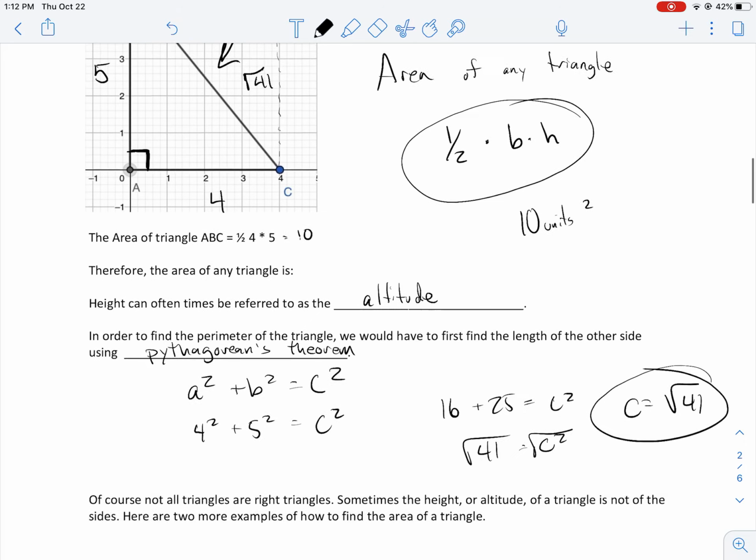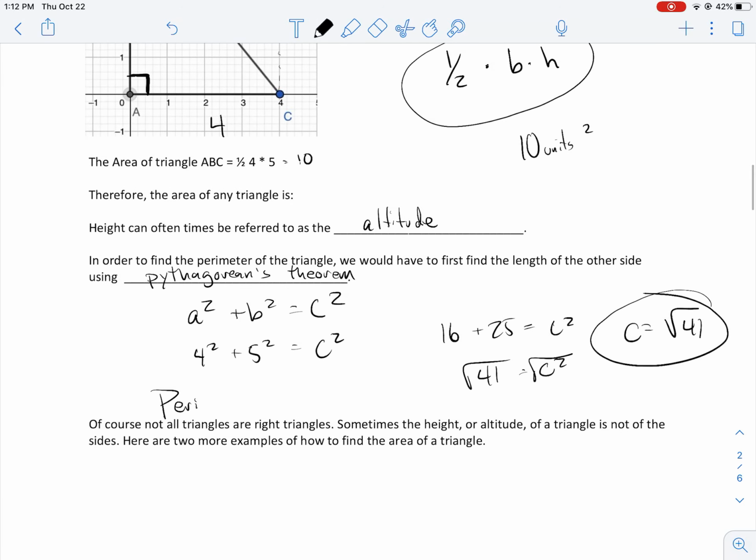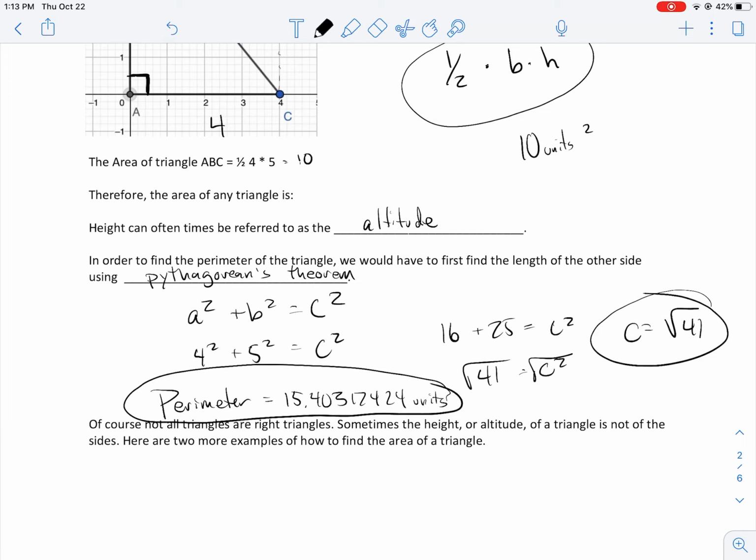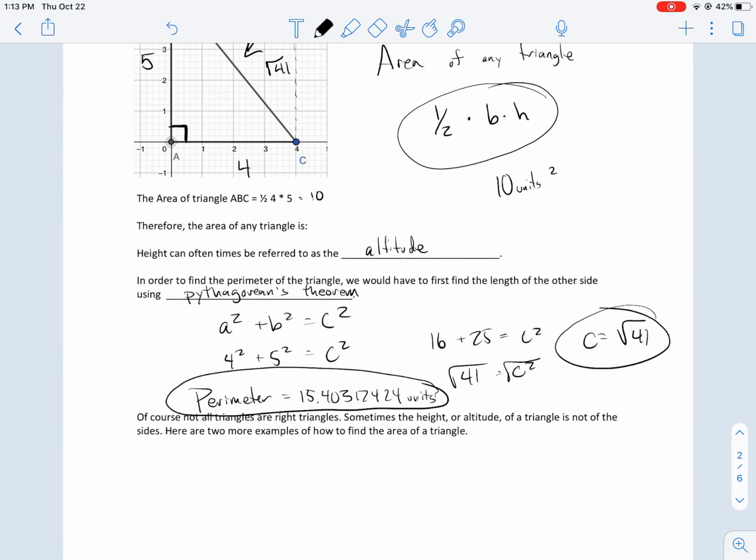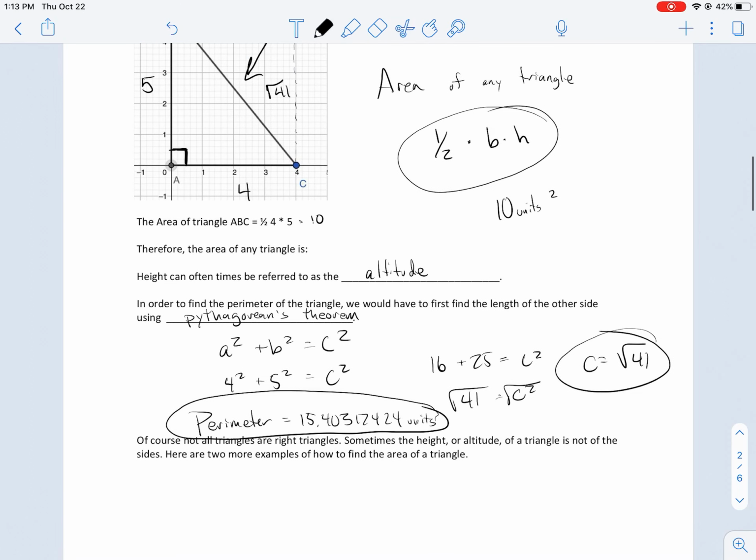So our perimeter is 15.40312424 units. Okay? So that's how you find the area of a right triangle.